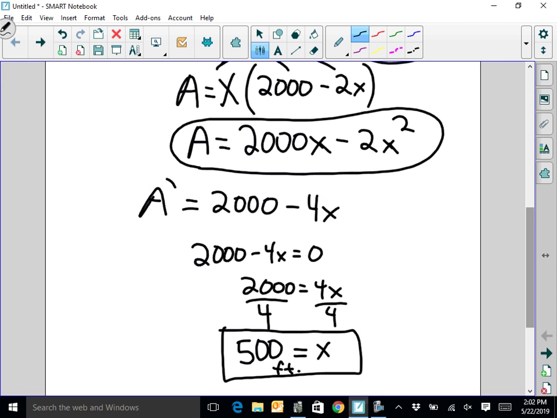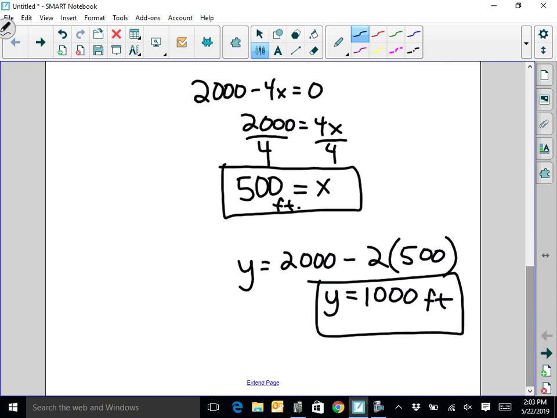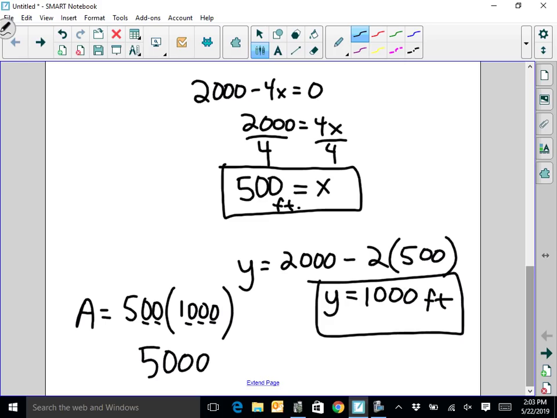So the area will be x, 500, times y, 1,000. 500 times 1,000 is a 5, followed by 5 zeros. It would be 500,000 square feet would be my area.